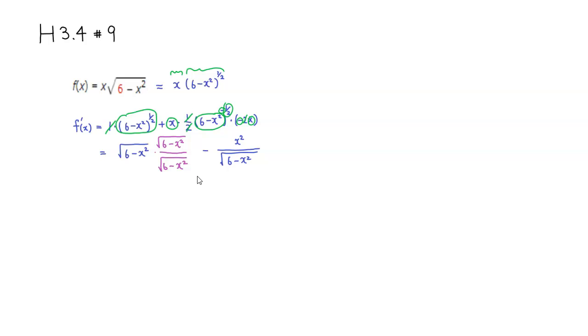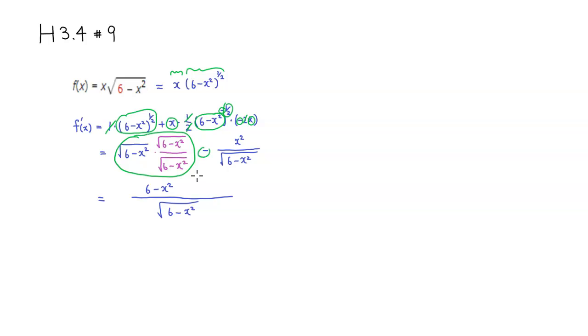If you multiply this out, you're going to have the same denominator, so I'm going to write it once: square root of 6 minus x squared. Then if you multiply the square root of 6 minus x squared by itself, you get 6 minus x squared, and that takes care of this whole first term.